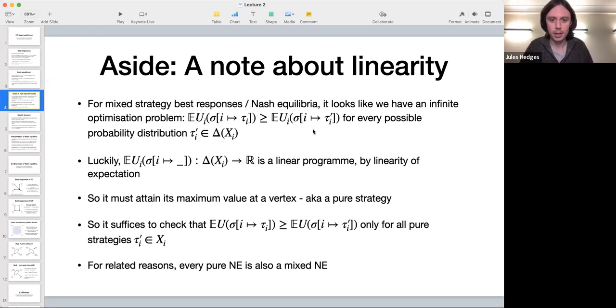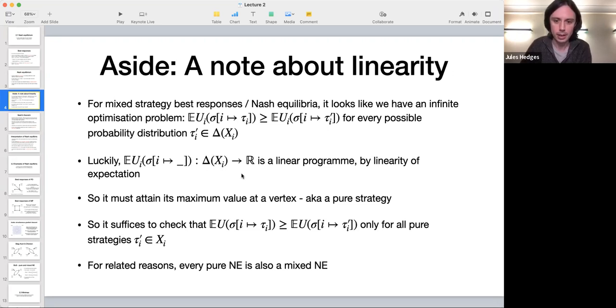But it turns out, quite conveniently, that if you fix all but one player's strategy and just vary one, the resulting function, the thing that for any given mixed strategy gives you the ith player's payoff, is linear, basically because the expectation operator is linear. Because this is a linear program, it has to attain its maximum at a vertex, and the vertices are the pure strategies.